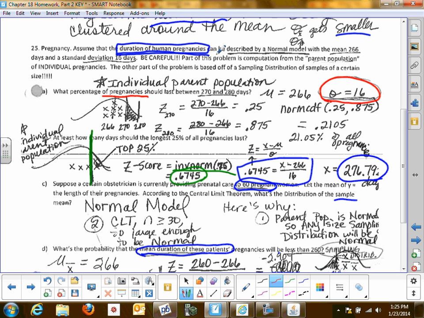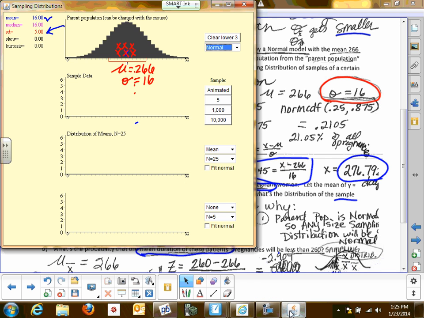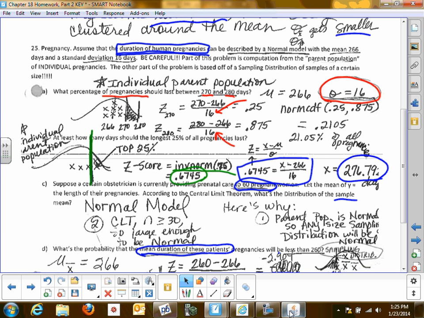To find the percentage between 270 and 280, do your z-score using the standard deviation of 16. And then you calculate that area. What we're doing is collecting this picture from here to here, and finding this area on that picture there. All right. Okay, next. 25B.